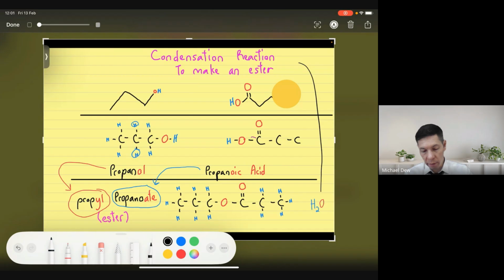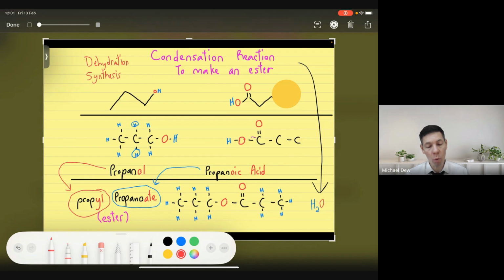So the water is down here. And this reaction can also be referred to as, and this can be helpful on your exam, a dehydration synthesis reaction. Dehydration means to remove water, so that's what we're doing in this reaction. And synthesis means to make.